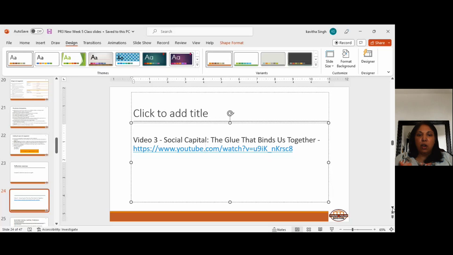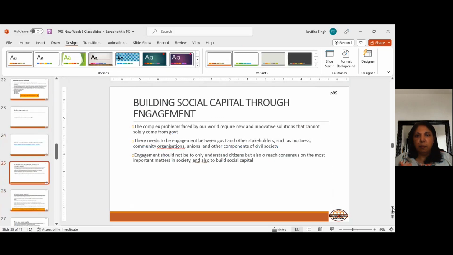Also, you have what we call community neighborhood watch, right? They're a group of individuals based within a community who are invested in the safety and security of the community. So that is what the essence of social capital boils down to. It's the people element of investing in people.